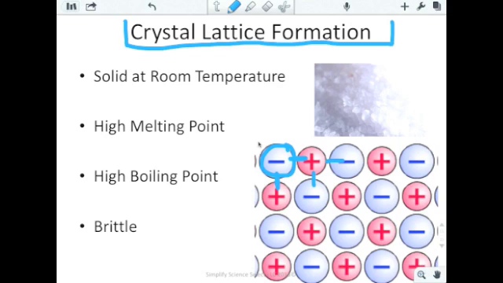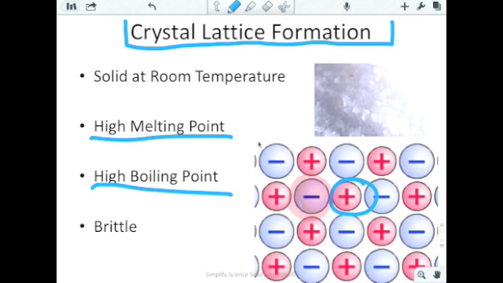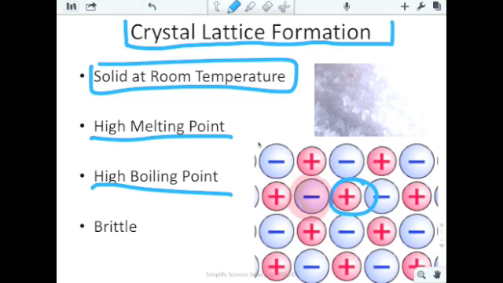And so in this crystalline lattice, what you'll see in ionic compounds is that every positive is surrounded by a bunch of negatives, and every negative is surrounded by a bunch of positives. And this makes very, very strong bonds, and it gives us really high melting points, really high boiling points. They're solid at room temperature because of this crystalline lattice structure, but ionic compounds are very, very brittle.